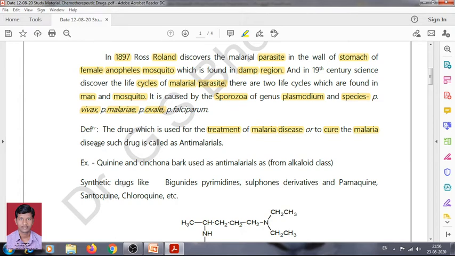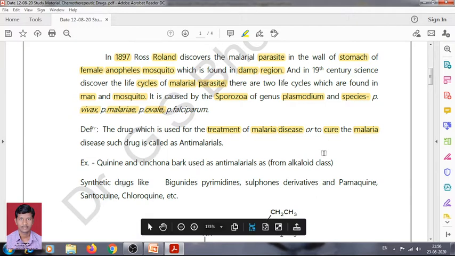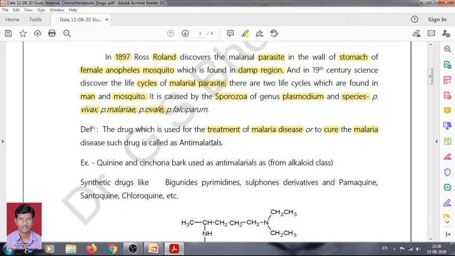It is a very simple definition. If the question is asked in the exam, define anti-malarial, you just have to write down the definition: the drugs which are used for the treatment of malaria or to cure the malaria disease, such drugs are called anti-malarial.